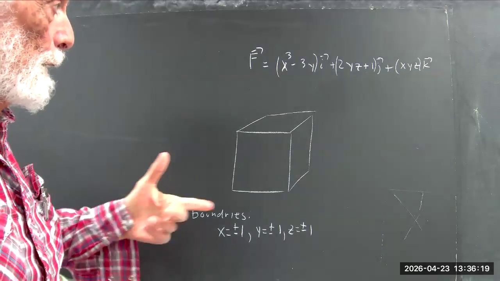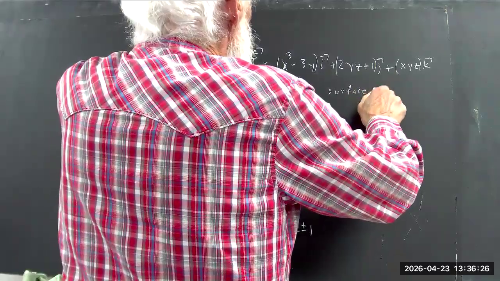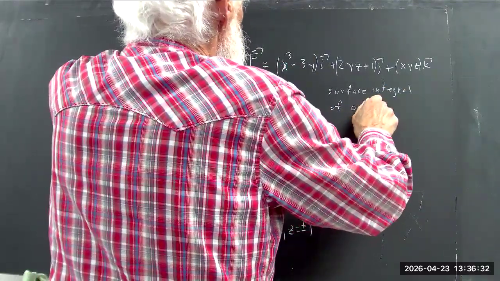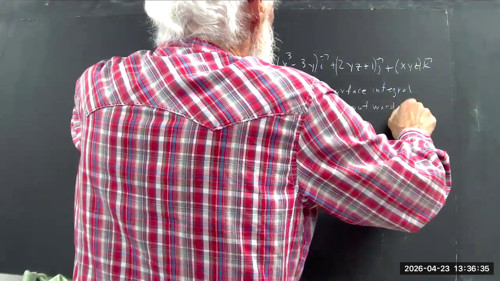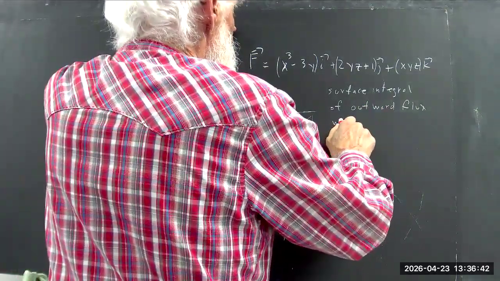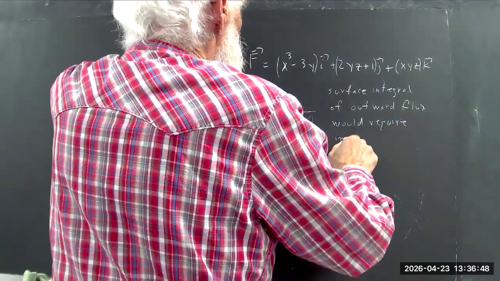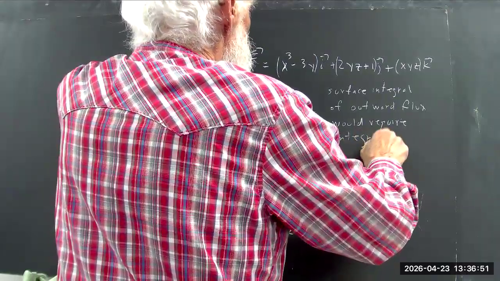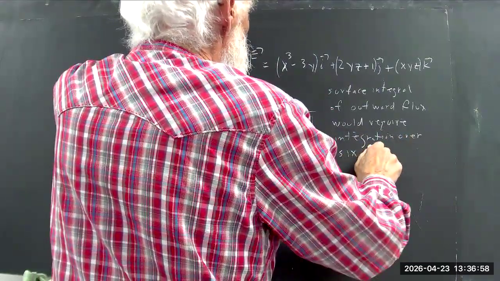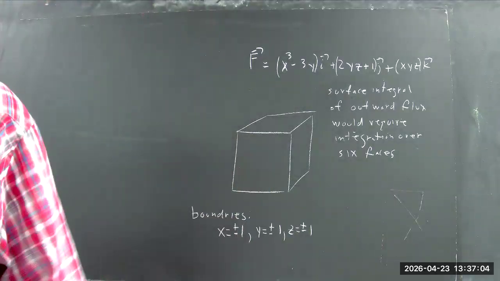But the surface integral would require integration over 6 faces, because you have 6 faces that the flux can go through.